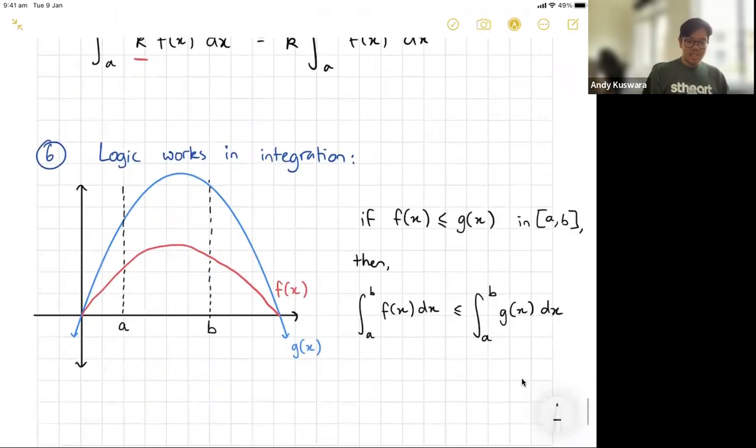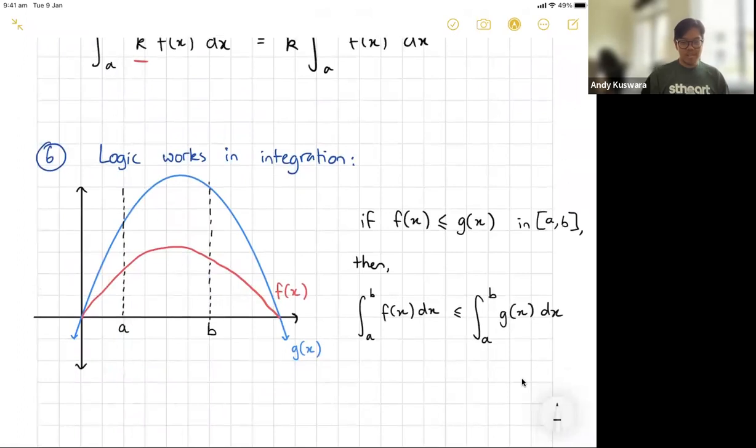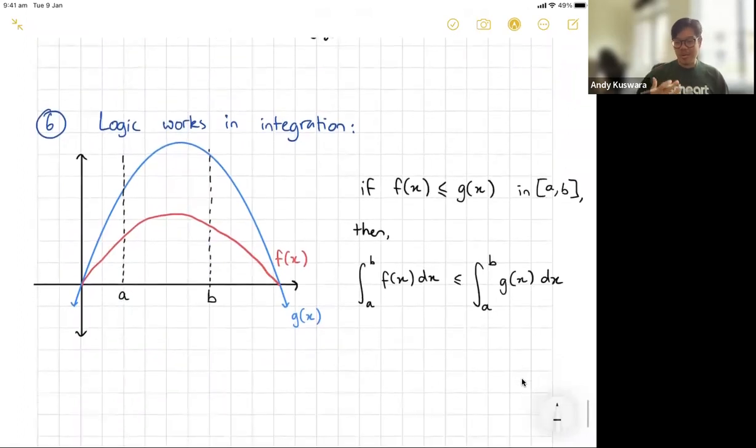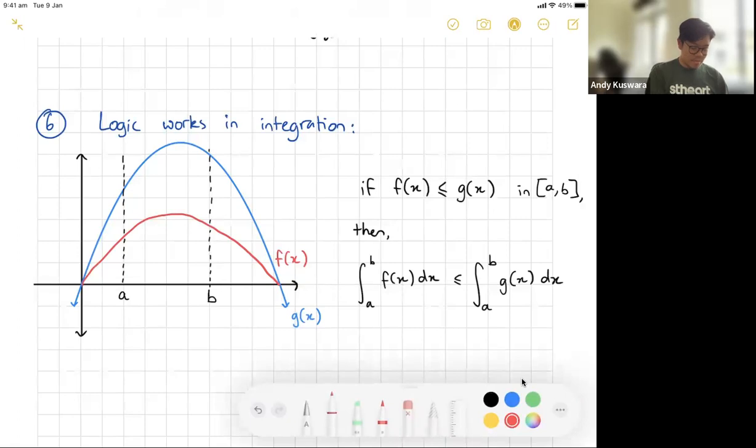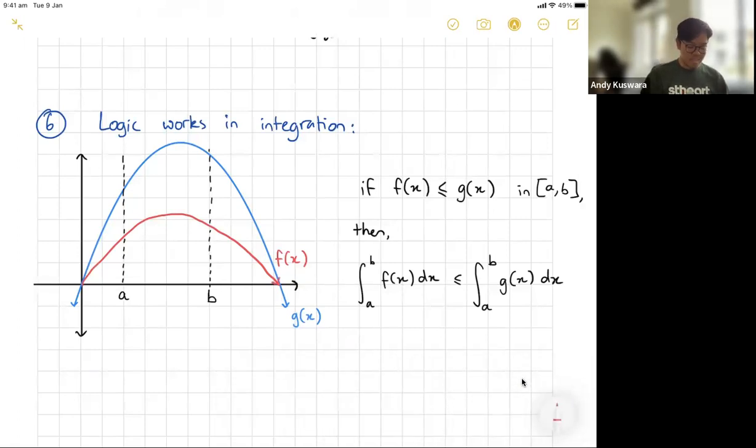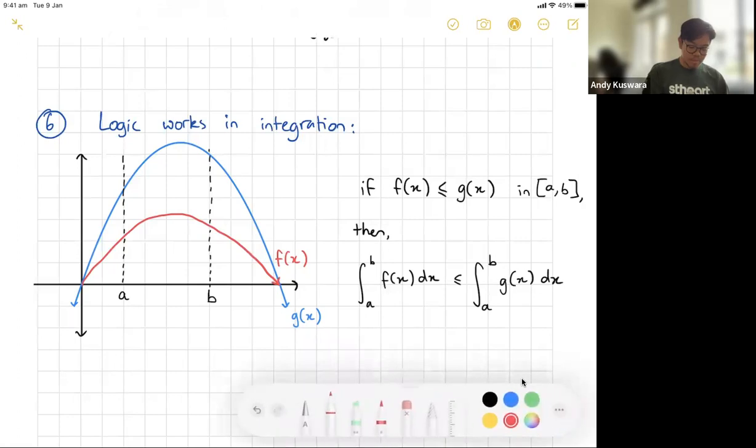All right, now this one here, I've written down logic works in integration. And I've written it down because it's a little bit messy. I don't necessarily think you need to memorize this. It's not something that you're going to be tested on, but it just makes sense. Right, now we see here that f(x), this red function, is a lot closer to the x-axis or to the 0 than this blue function, g(x).